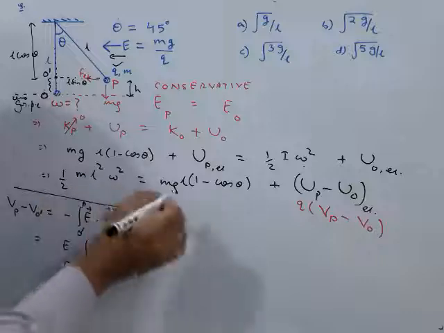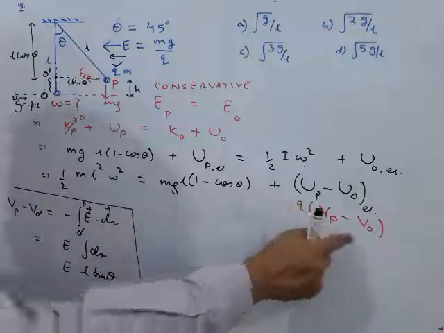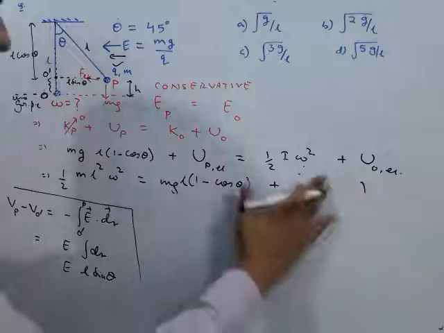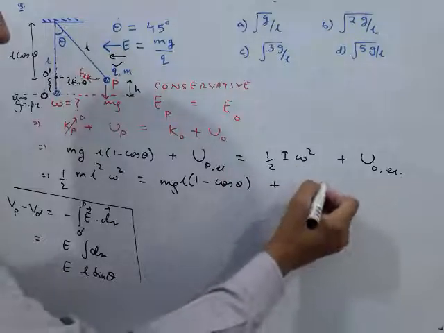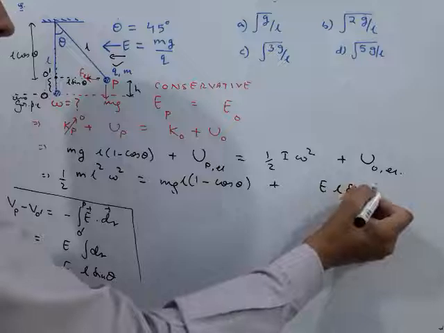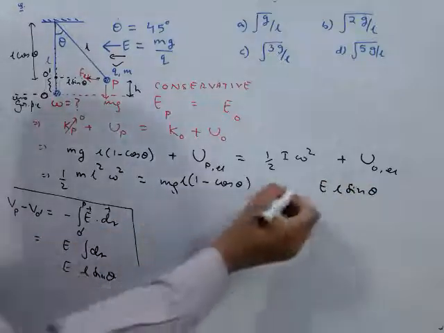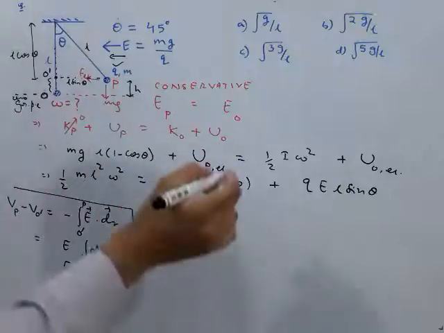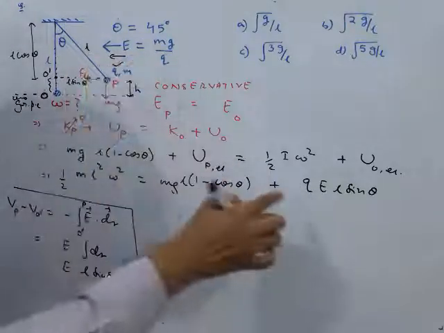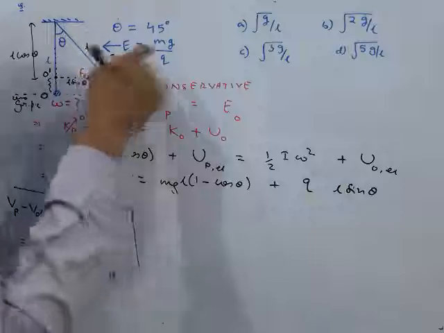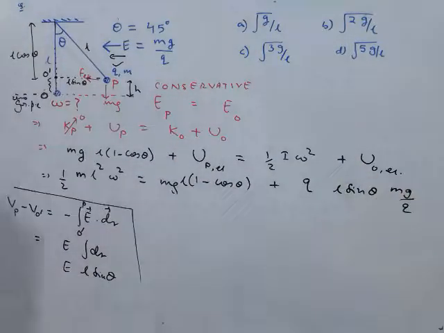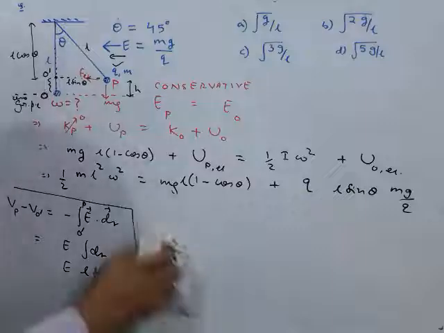Now we are ready to solve this question. So Vp minus Vo I will write as E times L sin theta. This is Vp minus Vo, and there was charge Q. E is given in the question. E is mg upon Q, so I will write E as mg upon Q. Let's see what we get.